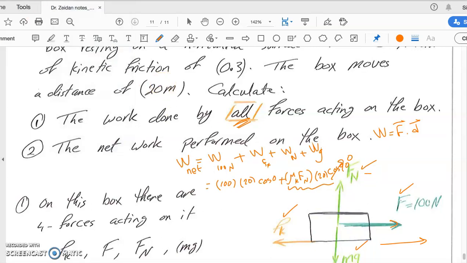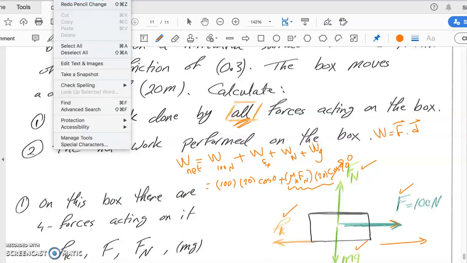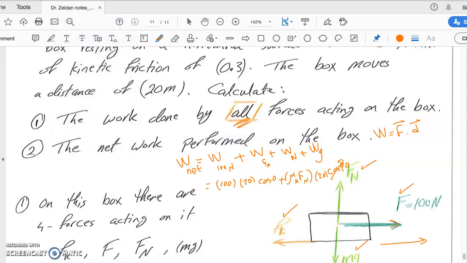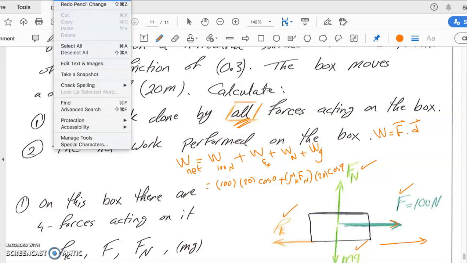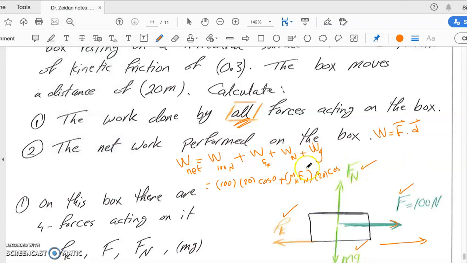I hope you caught it when I did it. I was saying that the angle between them is 90, but it's not 90. What is the angle between the friction force and the movement of the object? The friction is always against the movement, so the angle between the friction force and the displacement is 180. The friction force is completely against the displacement, so it's 180, and the cosine is minus 1, all right?